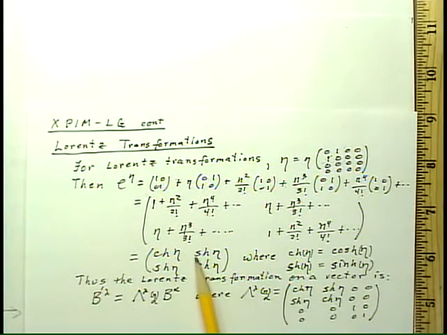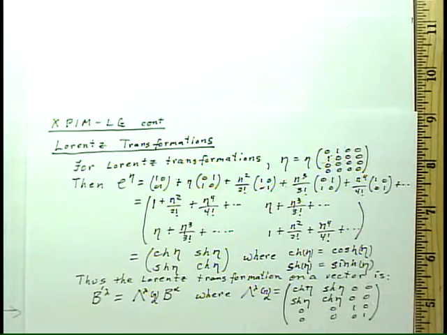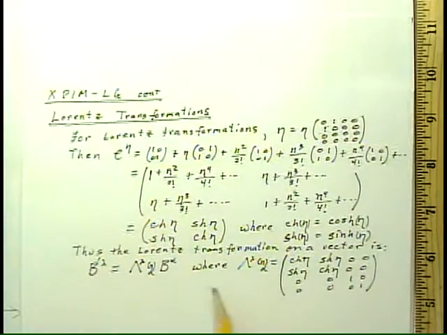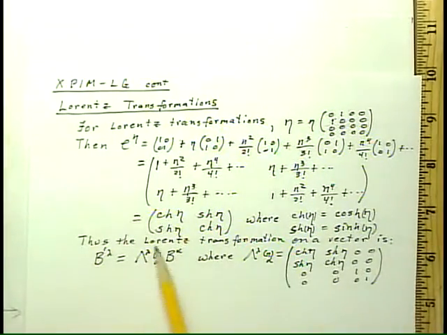And the hyperbolic sine is, rather than writing SINH, we write it as just SH. So this is the hyperbolic cosine and sine of eta, as I've expressed right here. And therefore, our Lorentz transformation takes this form right here of the hyperbolic cosine and the hyperbolic sine.